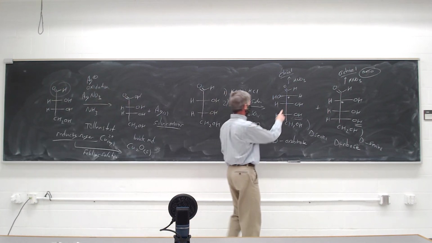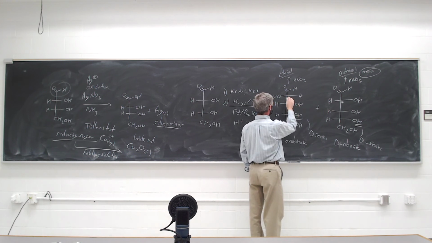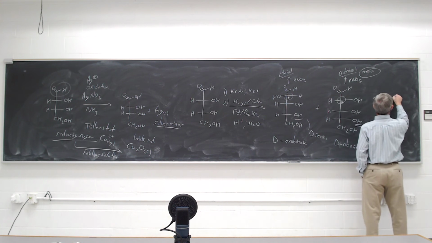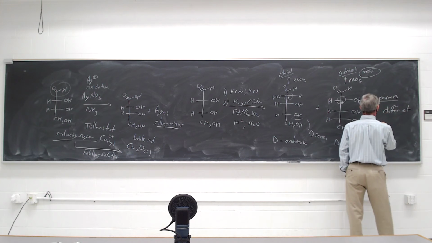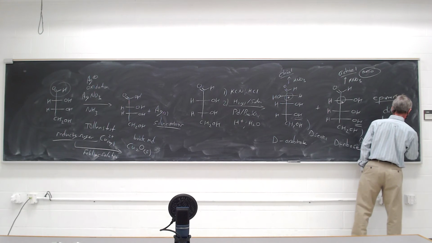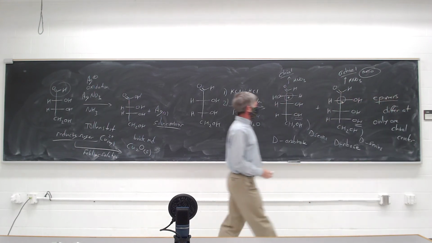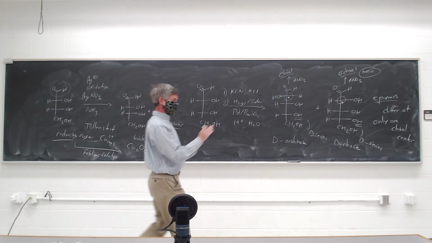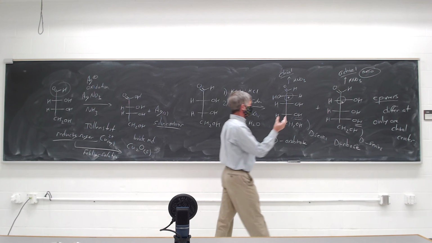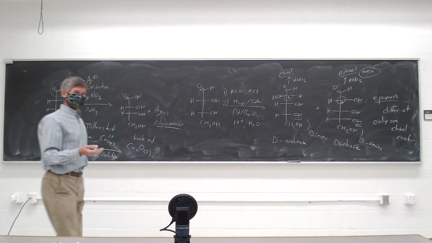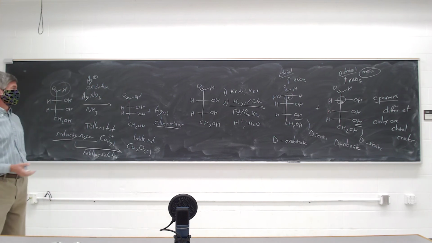These differ at one stereocenter. They're the same at 2 stereocenters, but differ at just this stereocenter. And these are called epimers. Diastereomers can differ at 1 or more chiral centers, and enantiomers have to differ at all of them. Epimers differ at only 1 chiral center. So epimers are a subset of diastereomers that gives you a more precise stereochemical relationship.